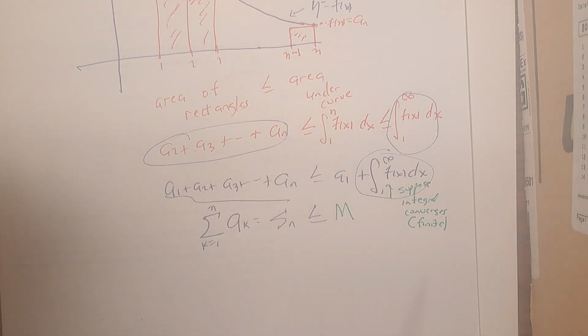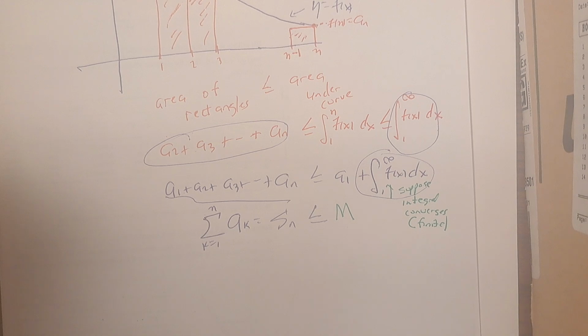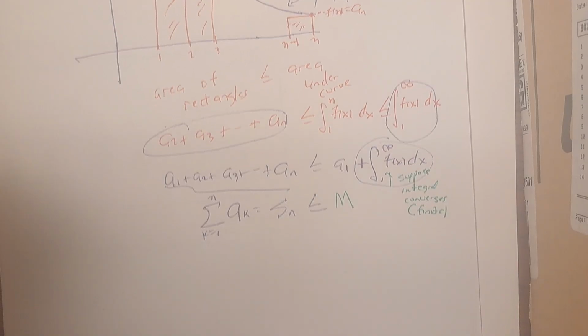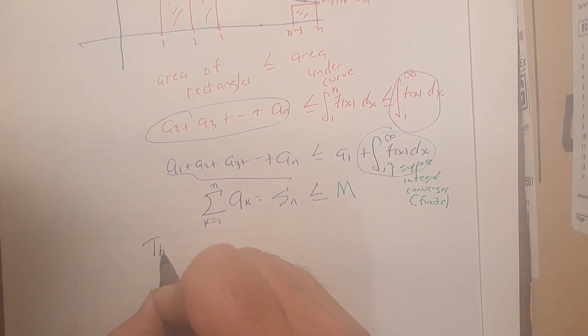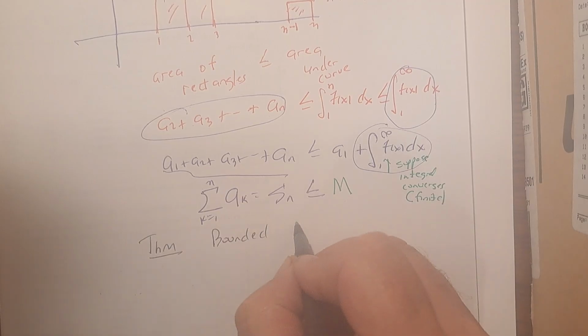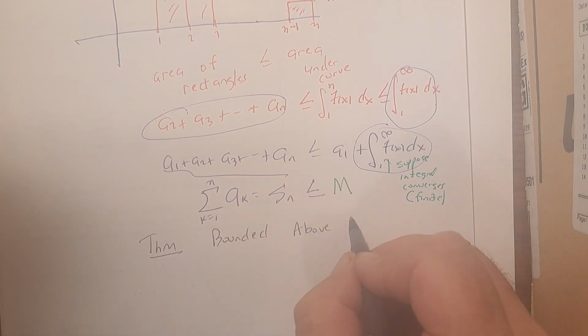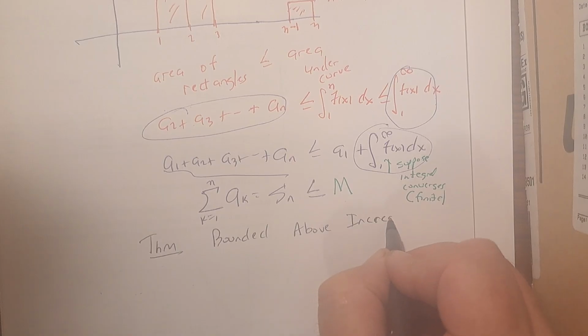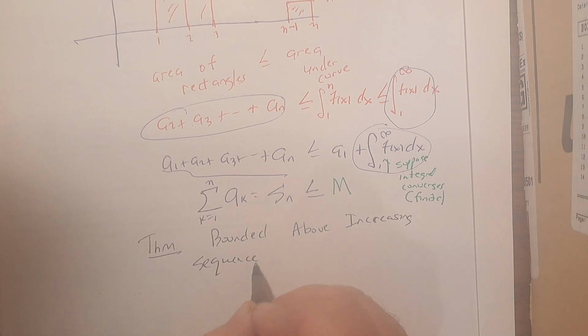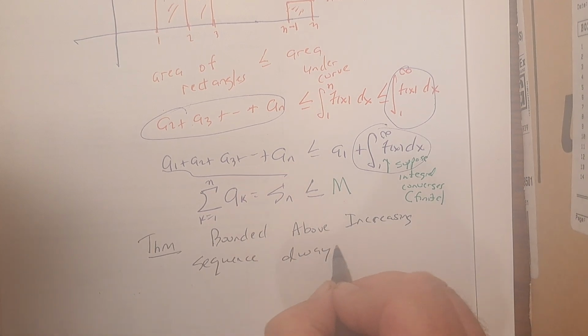It doesn't come up in your homework, but basically all the things that help us establish which series converge and diverge, which is most of this chapter, are based on this theorem, which I'll remind you of from 11.1: bounded above increasing sequences always converge.